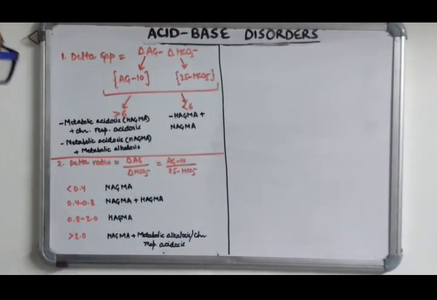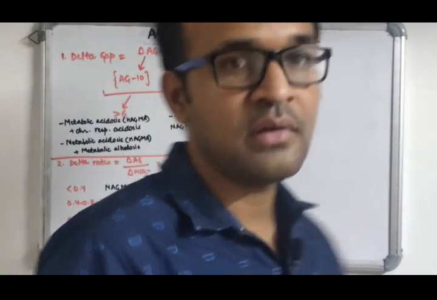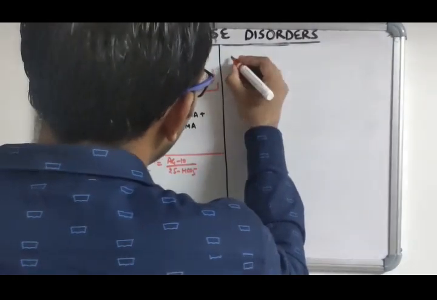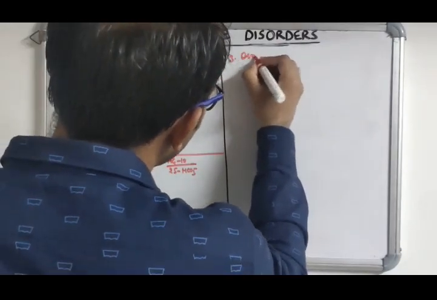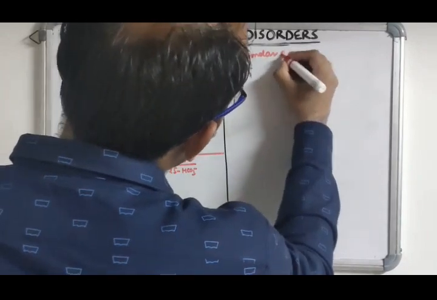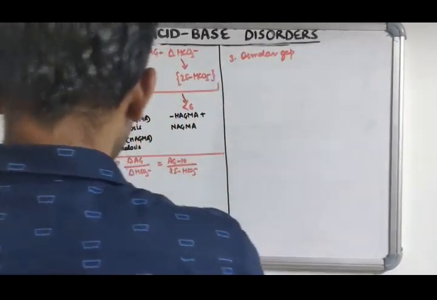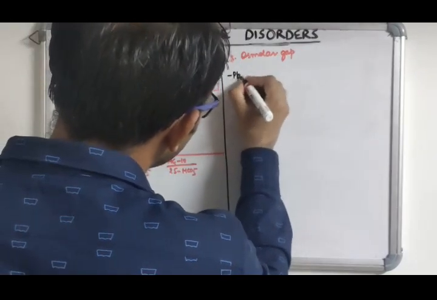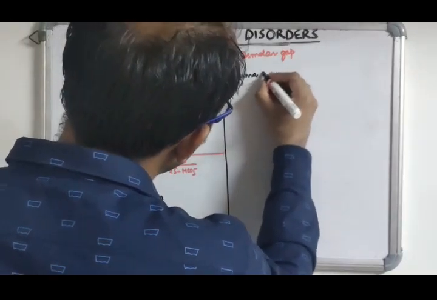Now we'll come to our main topic, that is metabolic acidosis. But before that, another concept I want to tell you about, that is osmolar gap. So what is osmolar gap? First of all, you need to know how we calculate the plasma osmolality.